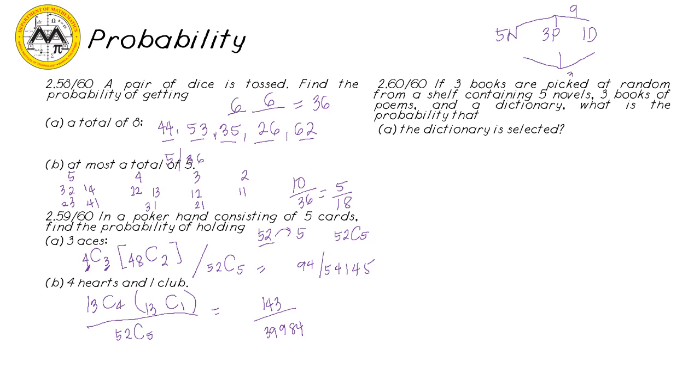We are going to take 3. The sample space is from the 9 books, you're going to select 3. So what is 9 combination 3? 84.